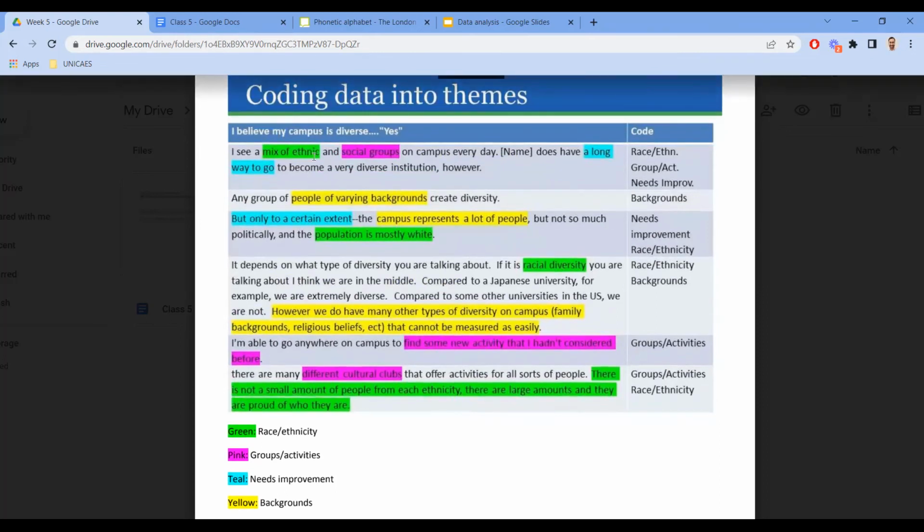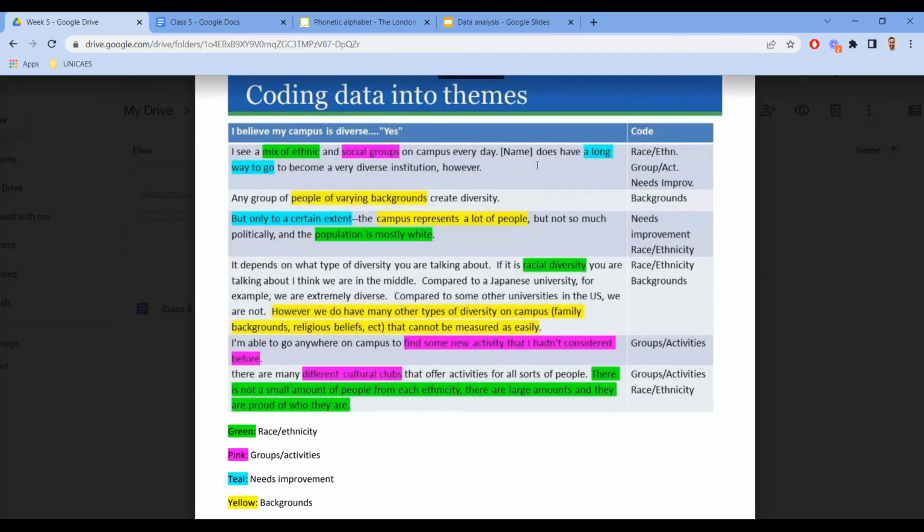Okay, so I see a mix of ethnic and social groups on campus every day. The university does have a long way to become a very diverse institution, however. Over here it says mix of ethnic, so it says green, ethnicity. Pink, groups and activities. Okay, social groups.